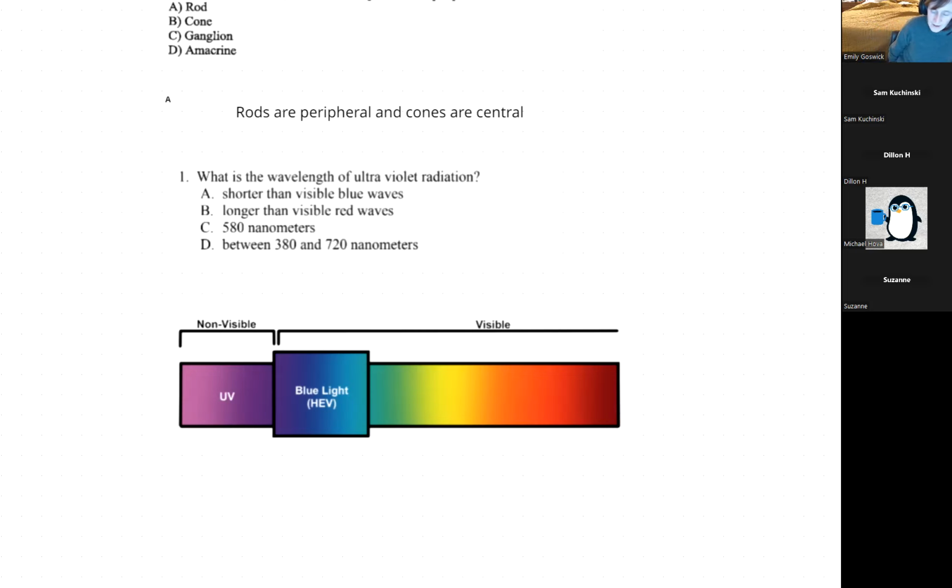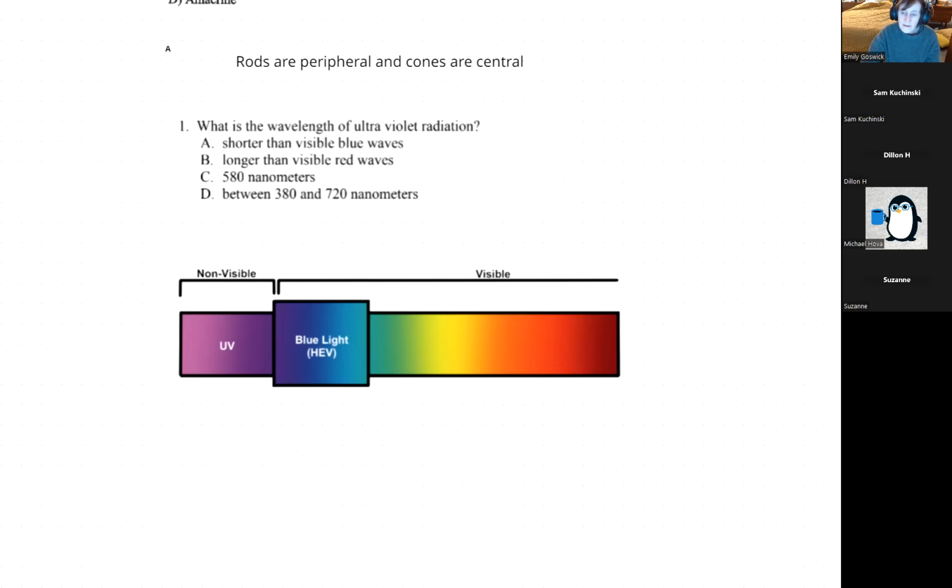Don't confuse it with blue color light, but it is longer than the UV. So basically you can see here, here's the high energy blue light that is visible, and then here's the UV. So the answer is that it's shorter than the visible blue waves.